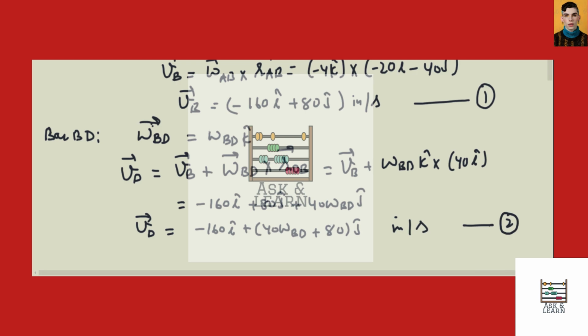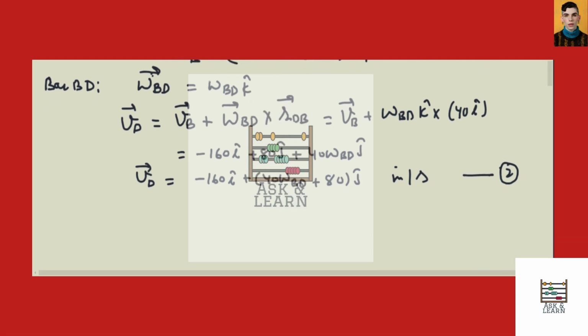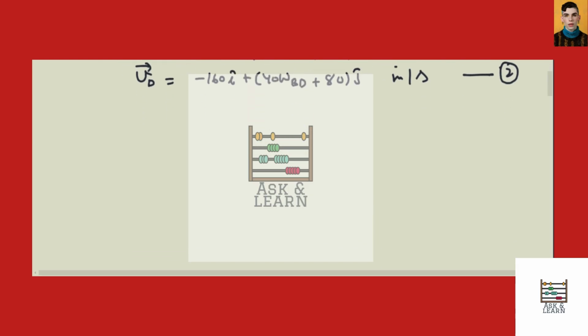Now for bar DE, we can write omega DE as omega DE k cap.